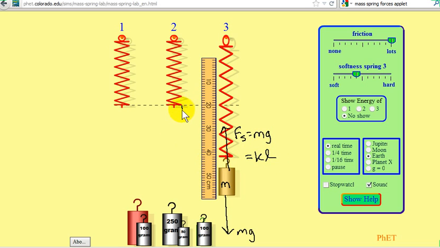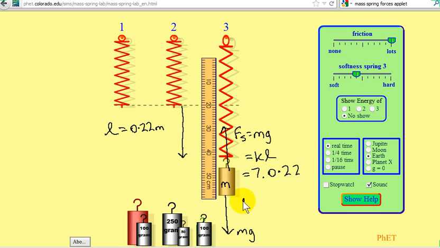I'll call it L. We can see that the spring is at roughly the 42 centimeter mark. So we take 42 minus 20, which is 22 centimeters. Divide that by 100 to get L equals 0.22 meters. We know what the spring constant K is from the previous examples. We know that it's equal to 7. So we have 7 times 0.22.